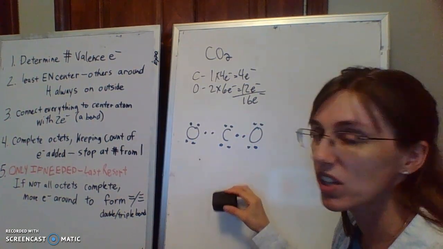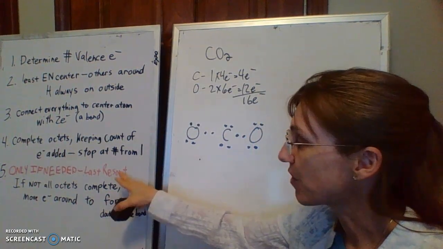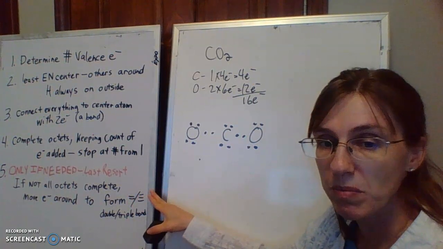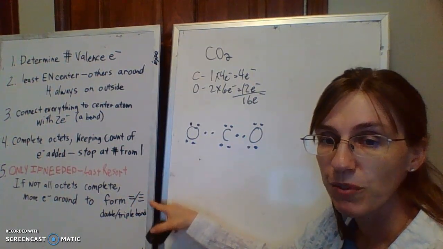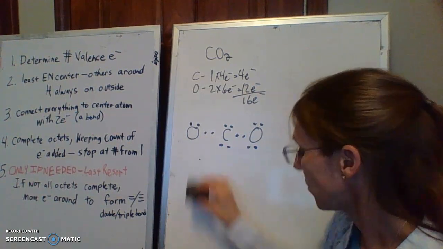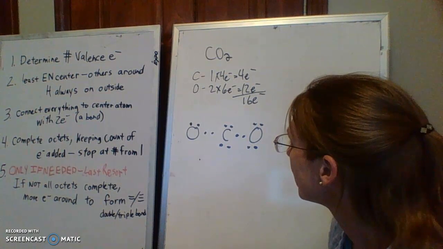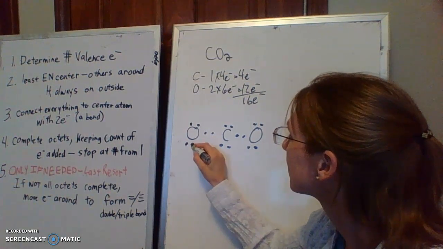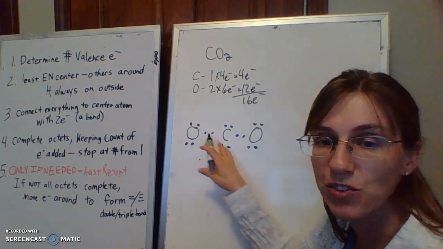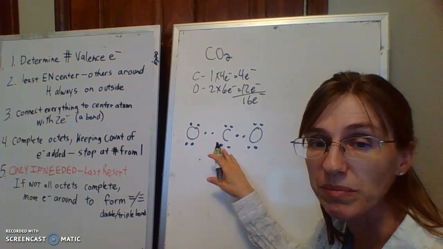So we can move the electrons to adjacent molecules. And that's this 5th rule down here. We can form double and triple bonds if we need to, if we run out of electrons. So let's go ahead and move these electrons. He's going to come next door, and he's going to ask carbon if carbon will share with him.